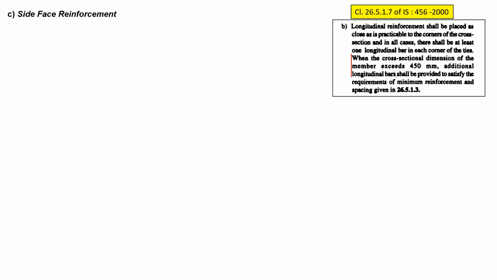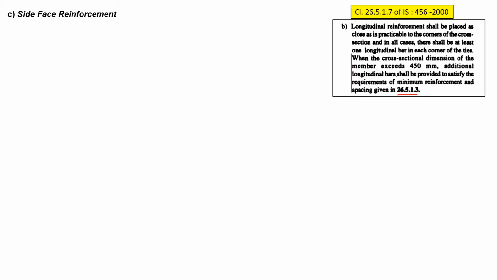Now a very important part of this clause is when the cross section dimension of the beam exceeds 450 mm, that means when the depth of the beam is more than 450 mm in the case of torsional moment, then we have to provide the side face reinforcement as per the guideline given in 26.5.1.3.